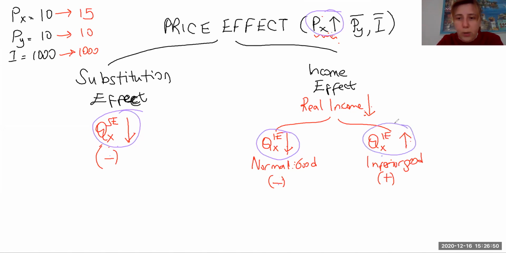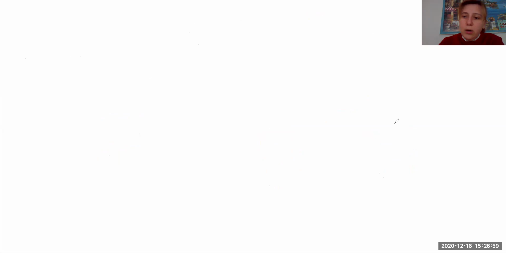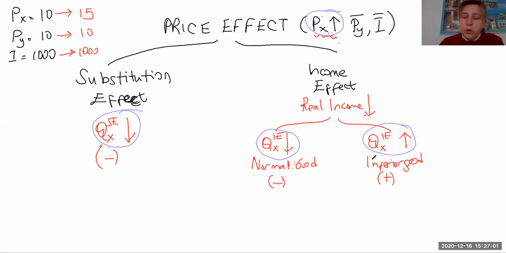Price and quantity. Okay, just one thing I would like to add. The definition of normality or inferiority of this good is changing between chapter 2 and chapter 4.